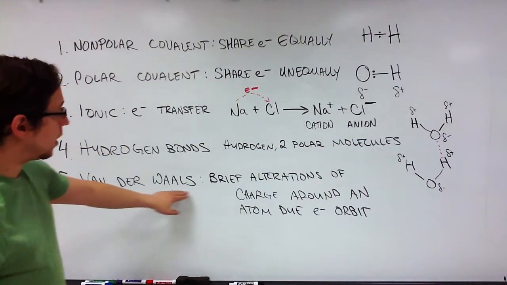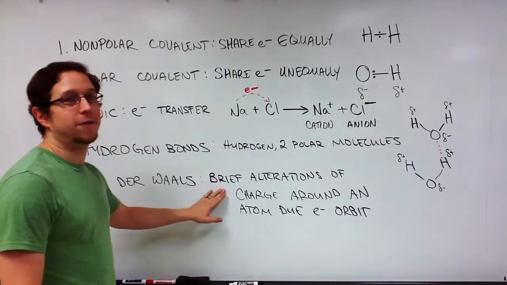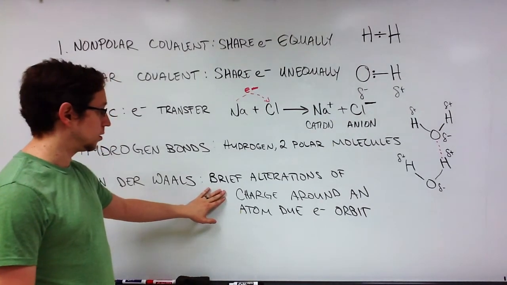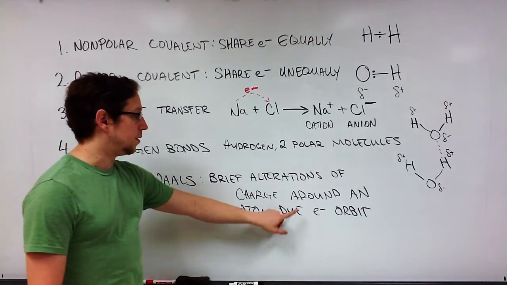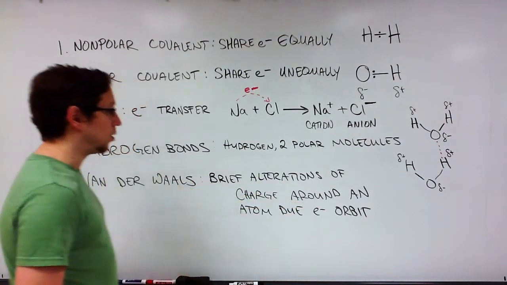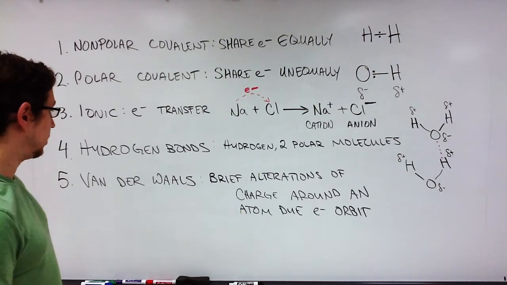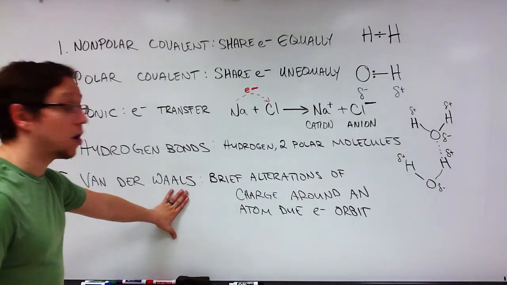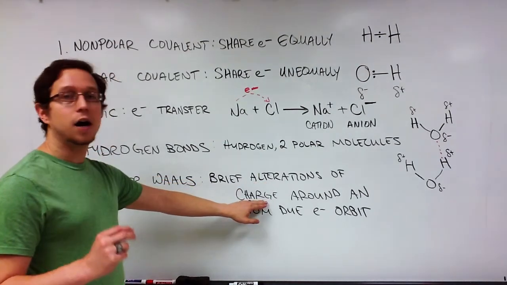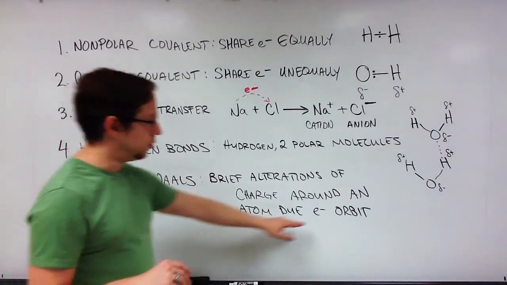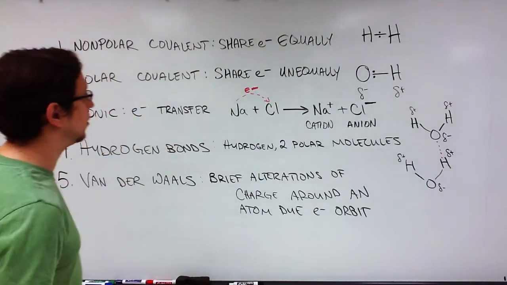Okay? So these are very weak, very brief interactions, okay, that are due to these alterations of the charge around the atoms due to those electrons orbiting. So van der Waals interactions are the actual interactions that result from this brief alteration of the charge around an atom due to the position of the electrons around the nucleus.